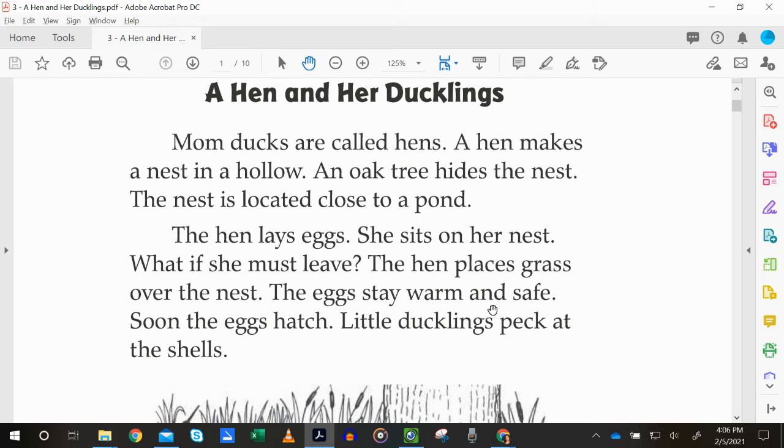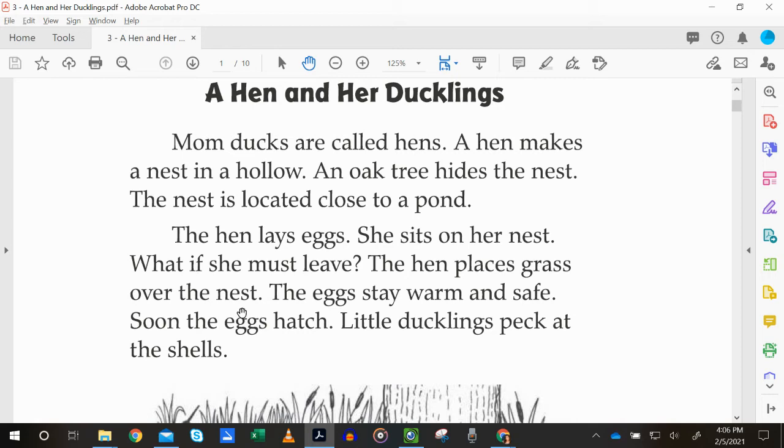That sounds like they're being protected. So I'm going to look before that. Let's just double check though. The last one where we see eggs says soon the eggs hatch. Yeah, that doesn't sound like it's protecting the eggs right then. So let's look right before where it said the eggs stay warm and safe. I'm looking at the sentence before it. Go back to the capital. There it is. The hen places grass over the nest.